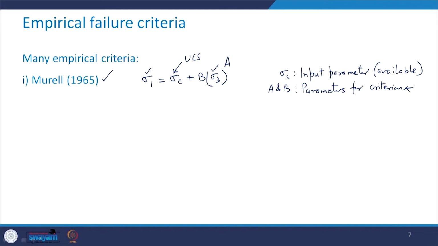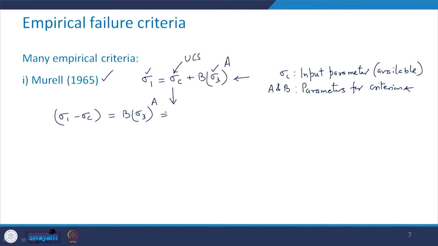The question is, earlier it was very simple, y equal to a plus bx, and we could fit the data into a straight line in a simplified manner. Now, how to tackle this? This is not a straight line equation, so we have to do some kind of mathematical jugglery. See how. I can write this equation as sigma 1 minus sigma c equal to b sigma 3 to the power a.